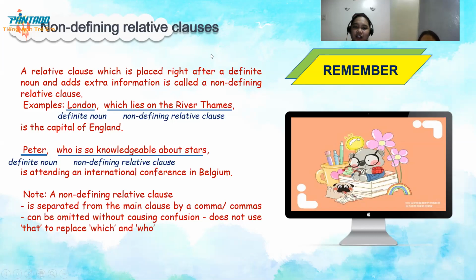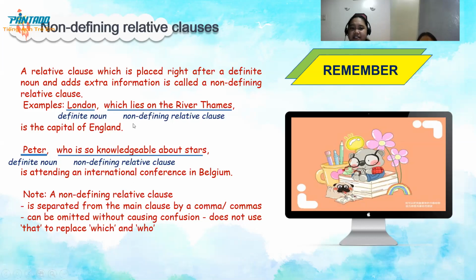A relative clause which is placed right after a definite noun and adds extra information is called a non-defining relative clause. For example, London is a definite noun because we know that London is a place.